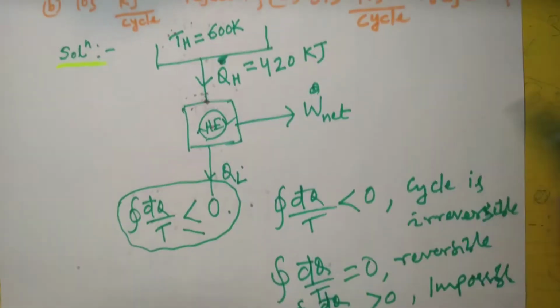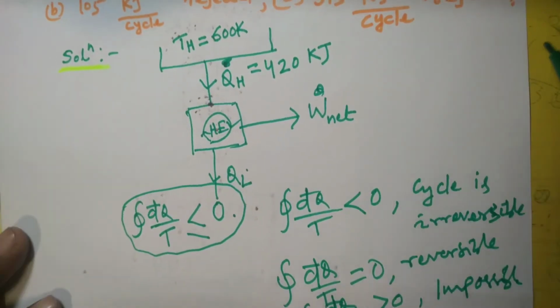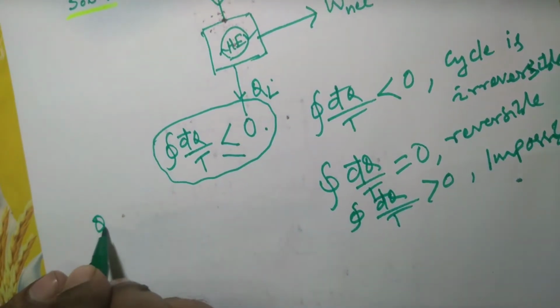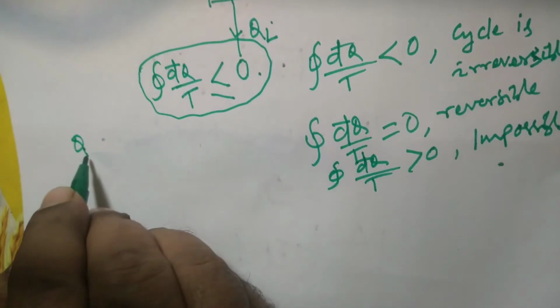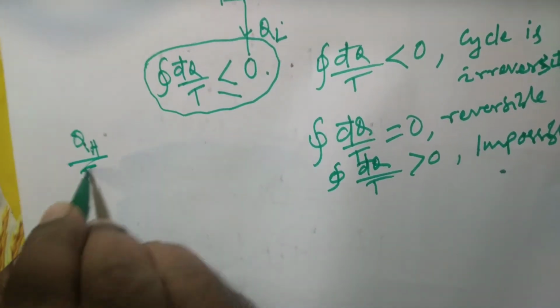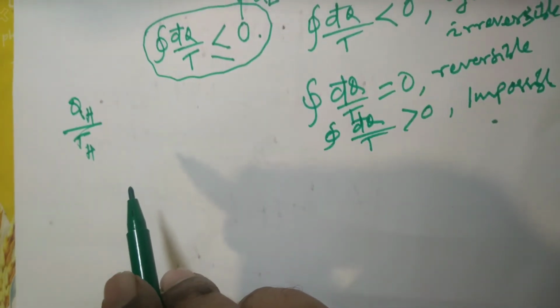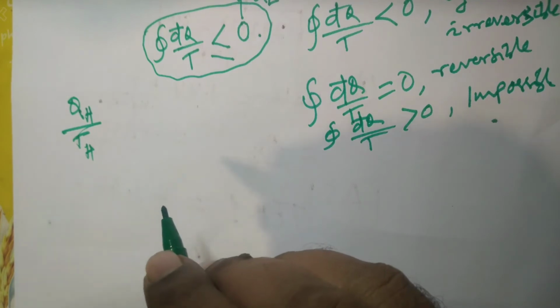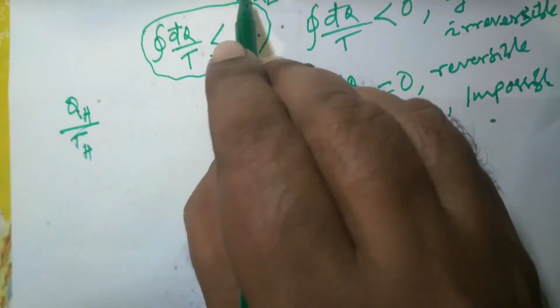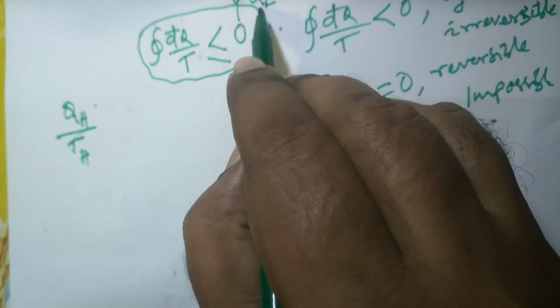So the cyclic integral of d cut Q by T is nothing but Q_H per T_H. When heat is added to a cycle, it is taken to be positive, and when heat is rejected from the cycle, that is Q_L.